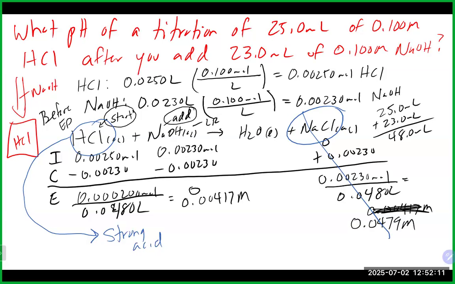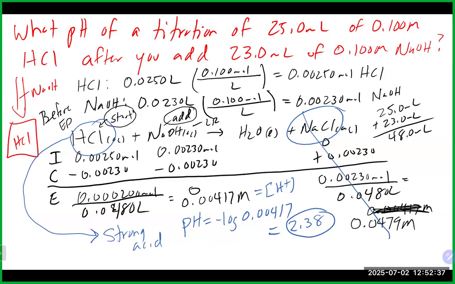We should have strong acid left over after this reaction, and that's going to be our major contributor. That means this value right here should be our H plus concentration, and because it's a strong acid, that is all we need to go into our pH, which would be minus the log of 0.00417, if I didn't screw it up, 2.38 at this point in the titration.